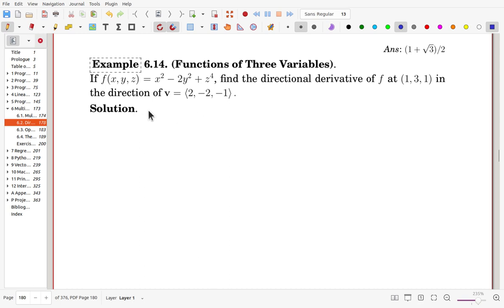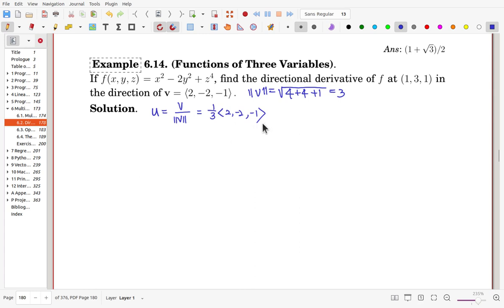Let's decide the unit vector in the direction. That must be u equals v over the length of v. The length of v is the square root of 4 plus 4 plus 1, so it's 3.